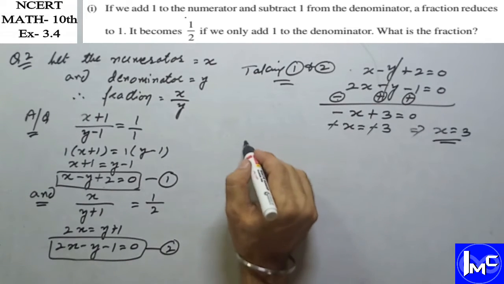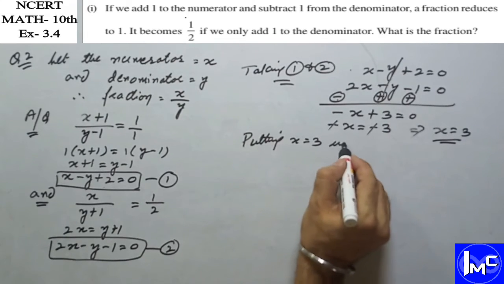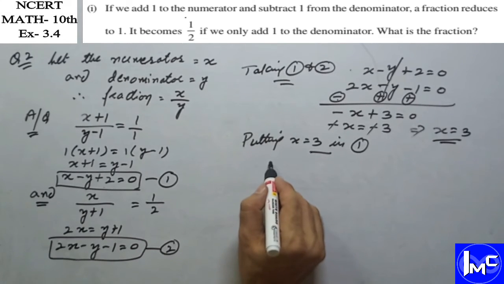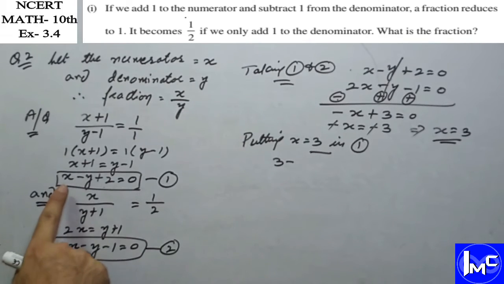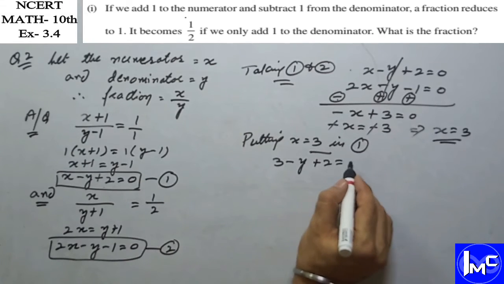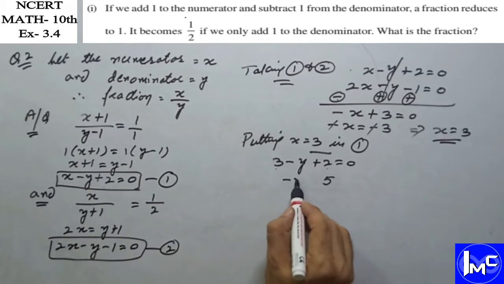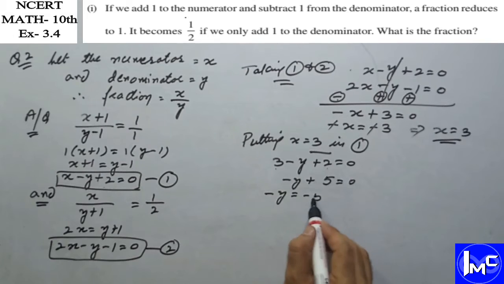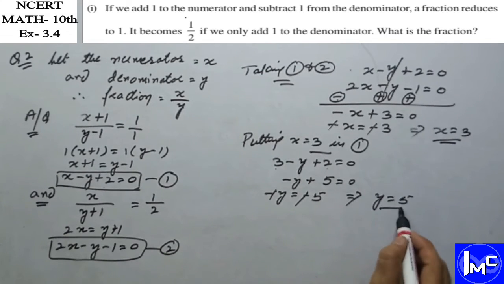We will put this value in one of the equations, putting x is equal to 3 in equation 1. What shall we get? X is 3, so 3 will be placed in the place of x, and y and 2 will be the same. 3 plus 2 will be 5, and minus y is equal to 0, and so minus y is equal to minus 5, and so y is equal to 5.